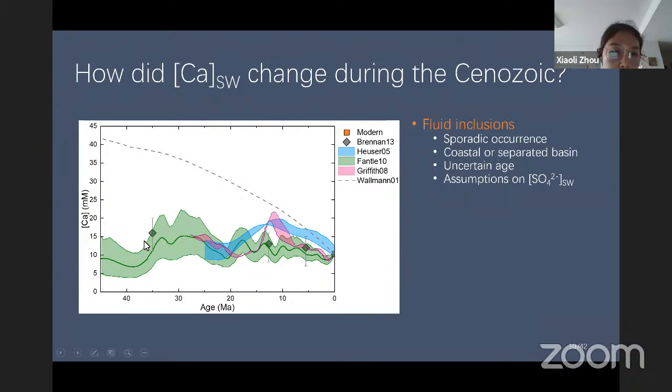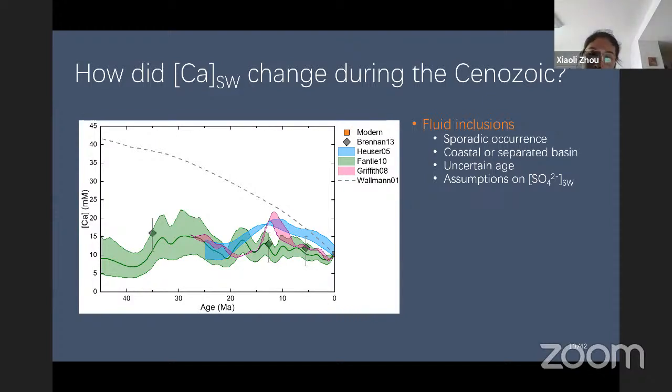This is marked by the gray diamonds. And second, most of the fluid inclusion samples were found in coastal areas or in separated basins, so whether they can represent the open ocean or not is still a question.